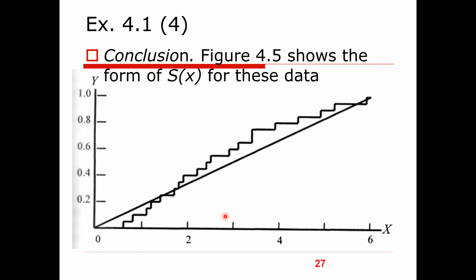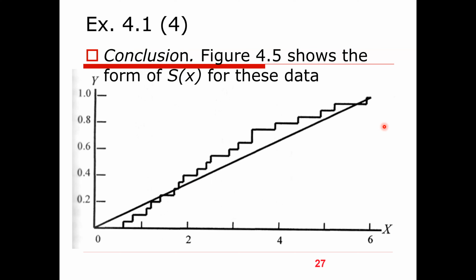And then we plot the Sx of the sample data as these steps, like a stair, versus the CDF of a uniform distribution over 0 to 6. The closer the two are, the more similar the distribution is to a uniform distribution, right?